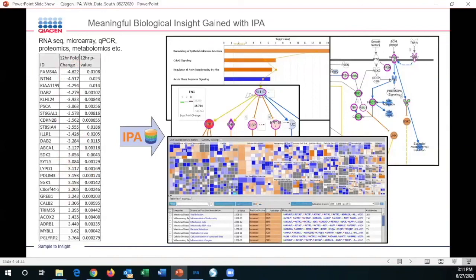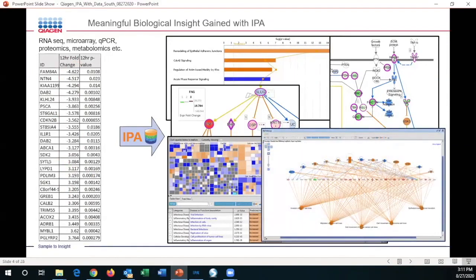And then lastly for today, we'll touch on other tools that we have in place that we can use to generate hypotheses. Taking the last two components of the core analysis, where we've identified perhaps regulatory changes and then functional consequences, we can use algorithms to put those together into a cohesive mechanistic network.